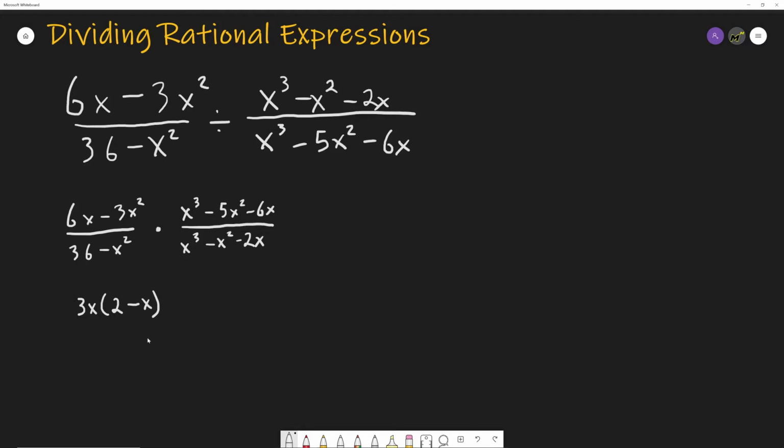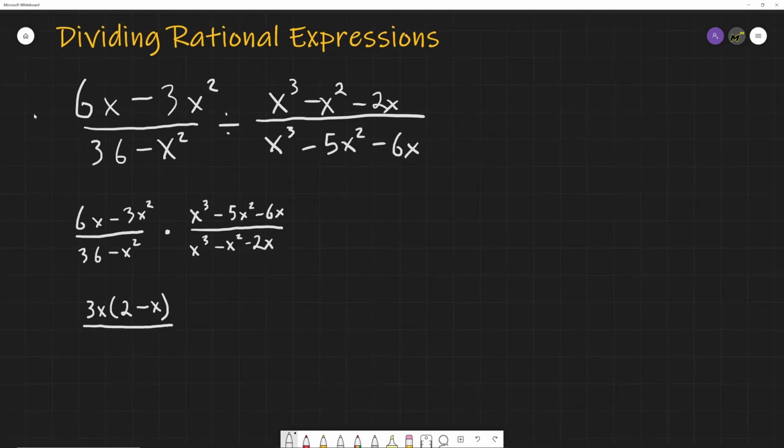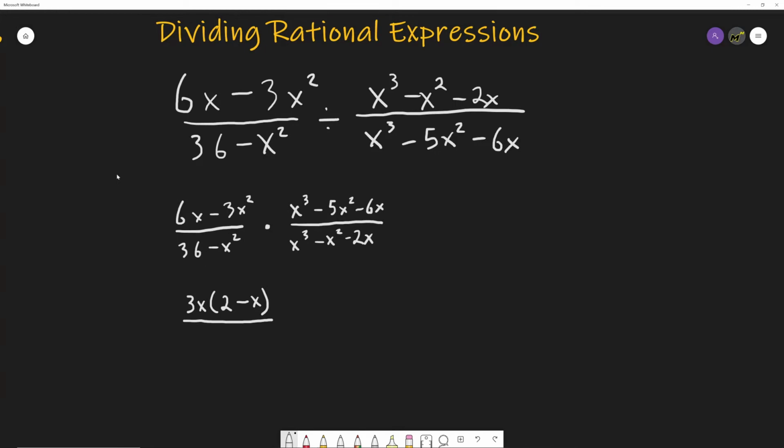And then underneath in the denominator, you could write it out to be negative x squared plus 36, and then you could take out a negative 1, so it becomes x squared minus 36, and then all of a sudden we could factor that, because that becomes x plus 6 and x minus 6. So don't forget about your negative 1 in front.